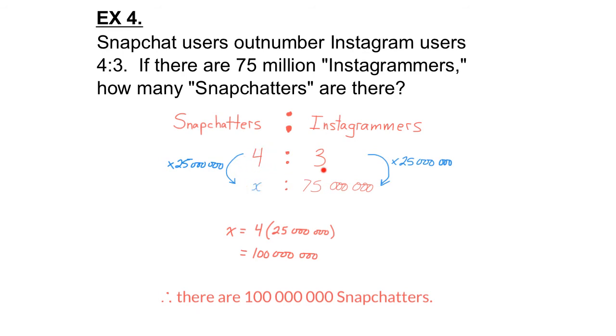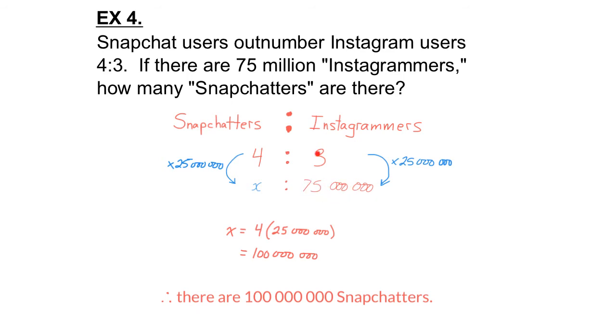Now, because this ratio is fixed, for every 3 Instagrammers, there are 4 Snapchatters. Whatever I multiply this by to get a new number, we're going to do the same thing on the other side. So I figured out that if I multiplied 3 by 25 million, I would get this 75 million.